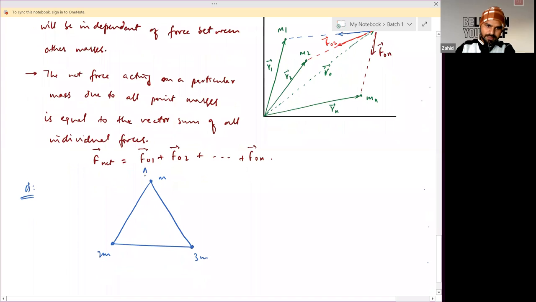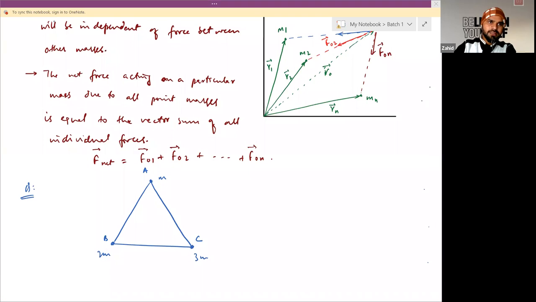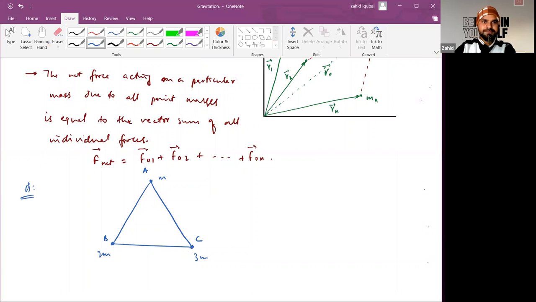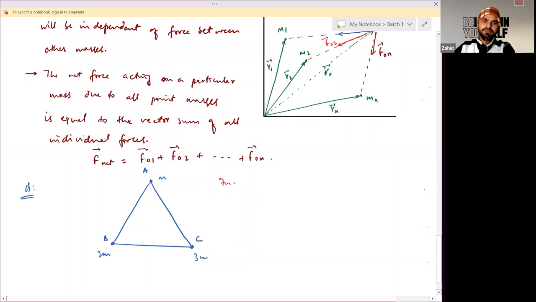Let's say these are A, B, and C. So you have to calculate the net force. Find the net gravitational force on the mass placed at B.